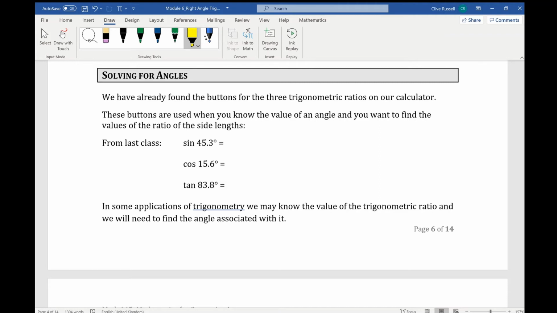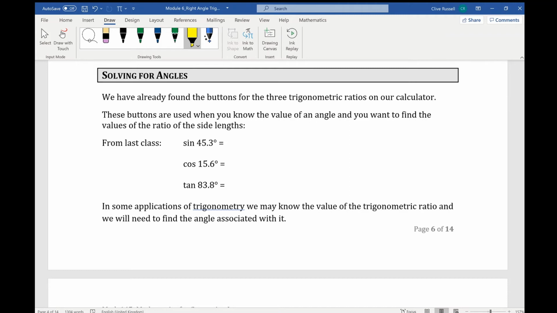We are still on SOHCAHTOA, which involves two sides and an angle, but now you're going to be given two sides, which is very important and different. We are given two sides and we want to find an angle. So whereas in the previous three examples you were finding a side, in these examples you're going to be finding an angle.